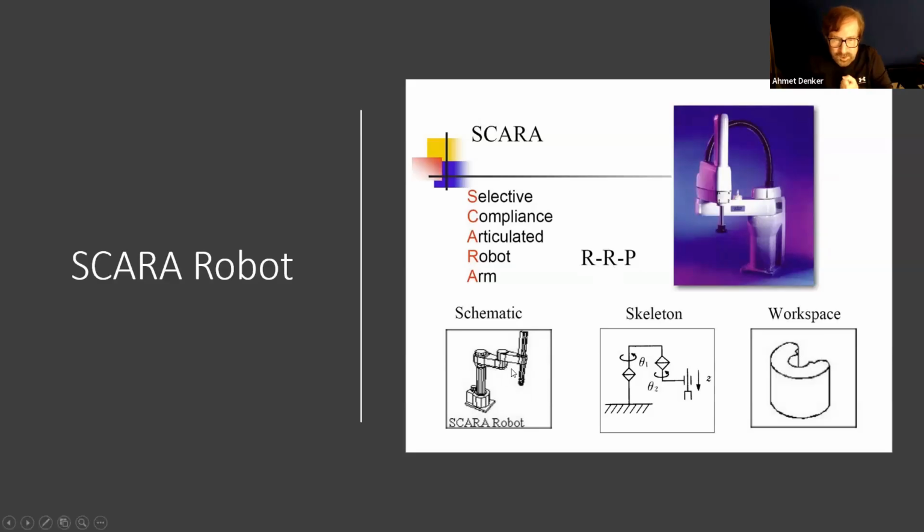And using this prismatic joint here, I can cover the length, the height. So this gives me a cylindrical workspace.